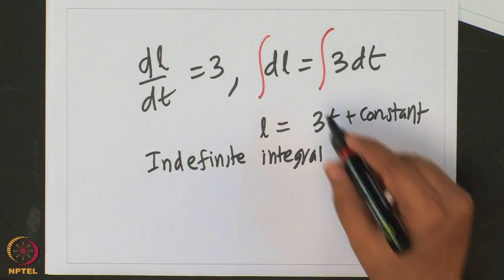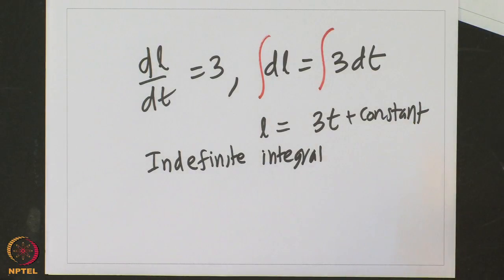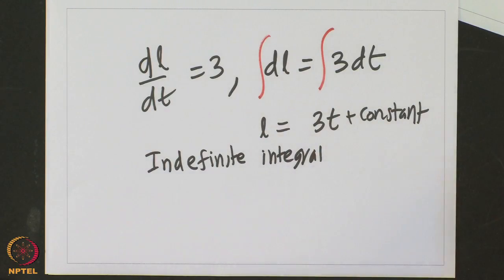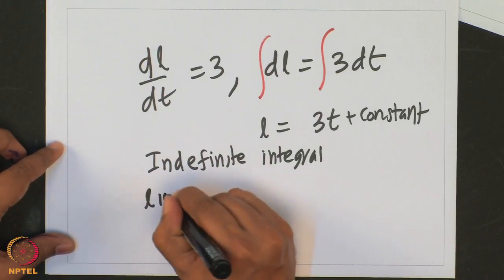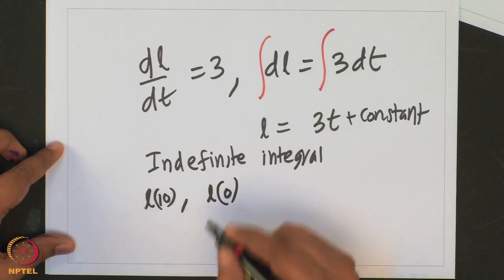But if we want to calculate between 2 points, that is, for all physical processes, you want to calculate the length at a particular time, given the length at some other time. So what we want is L of 10, the length at 10 minutes, given L of 0.